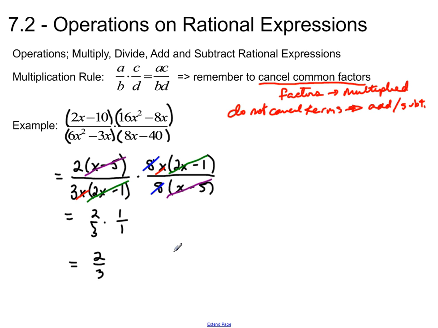Okay, so that's the idea. When it comes to multiplication, start with factoring first. Then look to reduce by canceling common factors only.